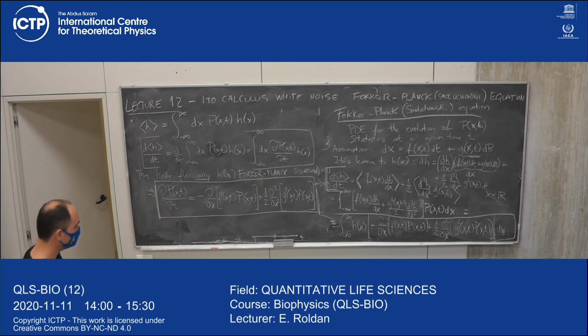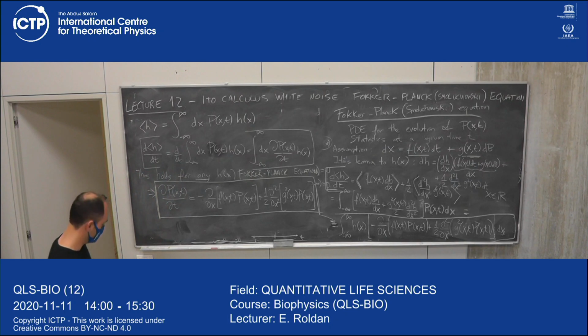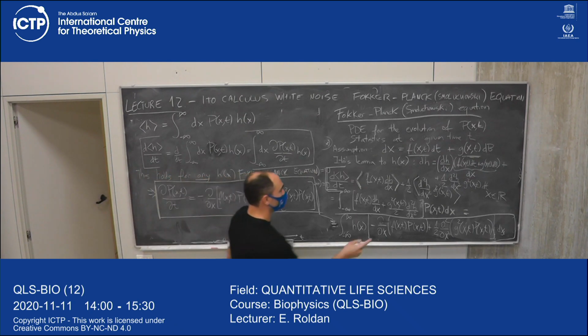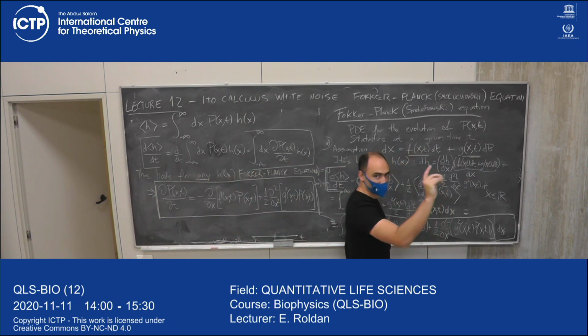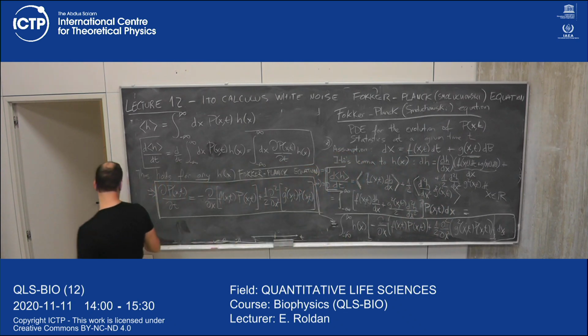Just to give you one example to finish the lecture, remember I told you about Brownian motion. So pure Brownian motion, one-dimensional Brownian motion: f is 0, and g is the square root of 2D.